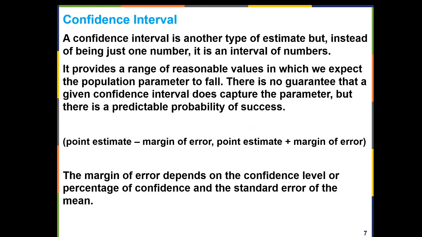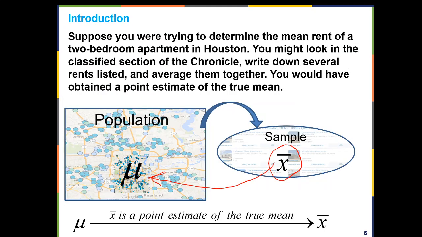All right. Now, of course, when we find a point estimate, how do we know, for example, that this x bar that we find is actually equal to that mu that we're looking for? Well, we don't know. And this chapter tells us that we can represent this number.